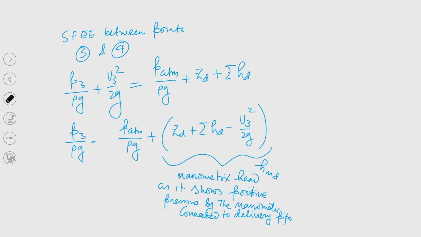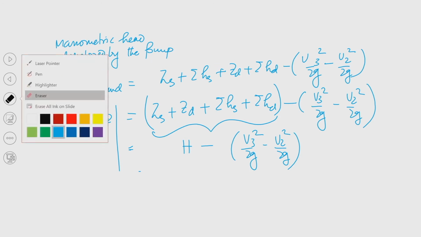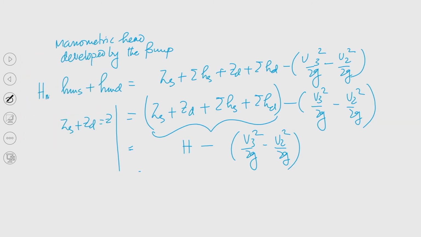Now, see, what we can write here is that if this is Hm, the manometric head, can't we write that manometric head equals head minus V3 square by 2g minus V2 square by 2g. So, the manometric head is not equal to the head developed by the pump because of the kinetic head due to the change in velocity both on the suction and delivery side.